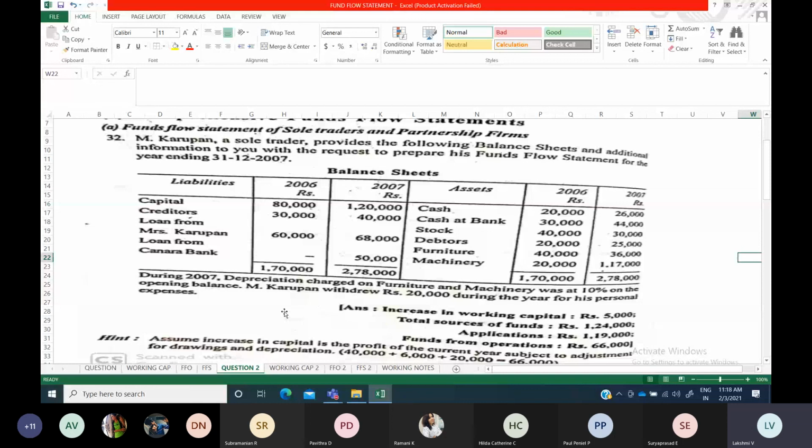Debit side, if you see adjusted P&L: depreciation, goodwill written off, transfer to general reserve, provision for taxation, all these items will come. All the items shown on the debit side, you have to add with the net profit.